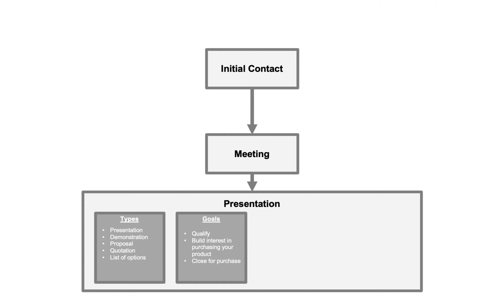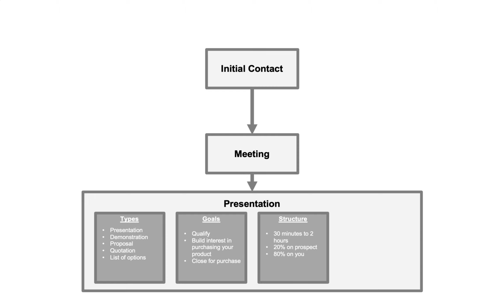But at the end of your presentation, you still should or could close for the validation of buying your product, meaning, do we agree to move forward? Even if there are 10 steps, the close could even involve agreeing on the 10 steps. Are these the 10 steps that need to happen next? Okay, do we agree that you're interested in moving forward to those steps? So you could close for validation, if not close for the actual signature.